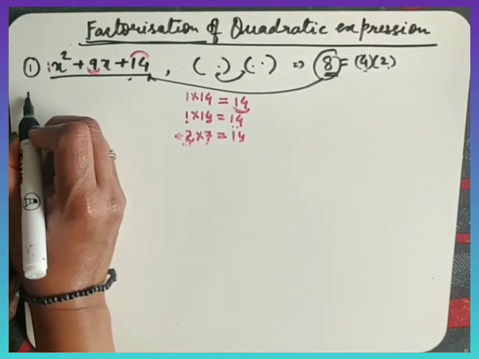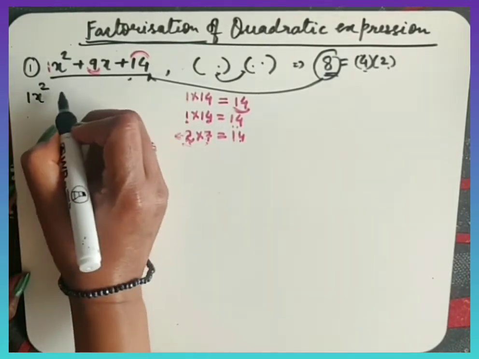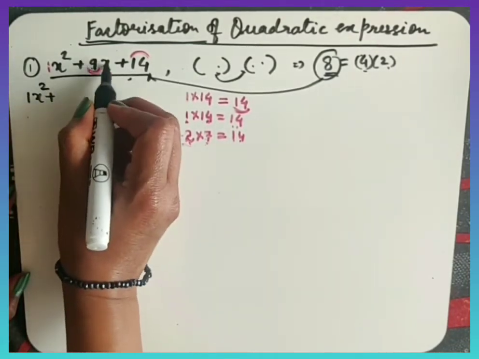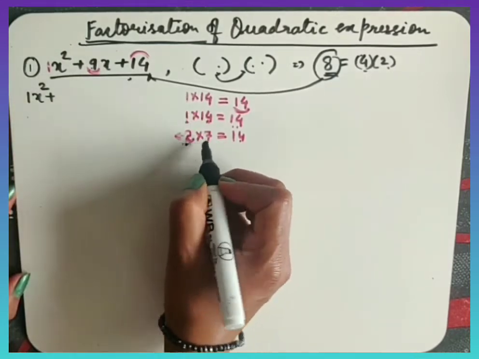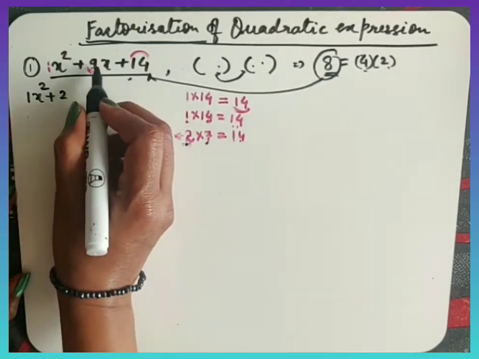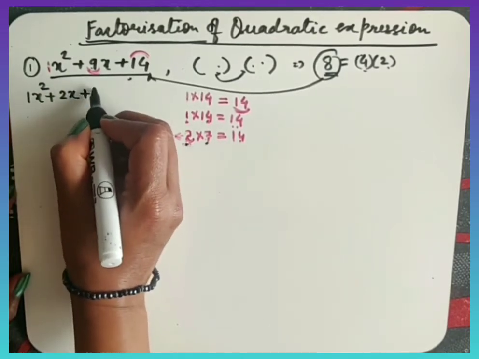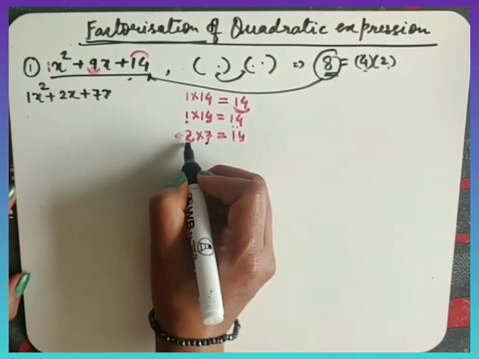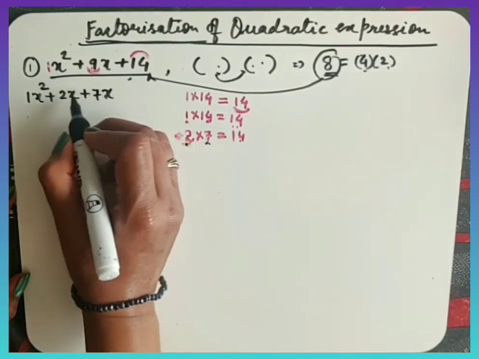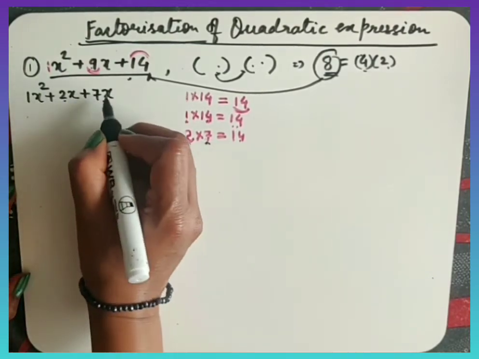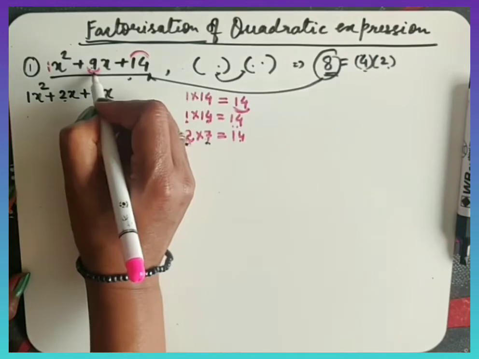Write down 1x square and break this 9x between these two factors. Instead of 9x, I am going to write 2x plus 7x. If you add 2x plus 7x, it will give you 9x.